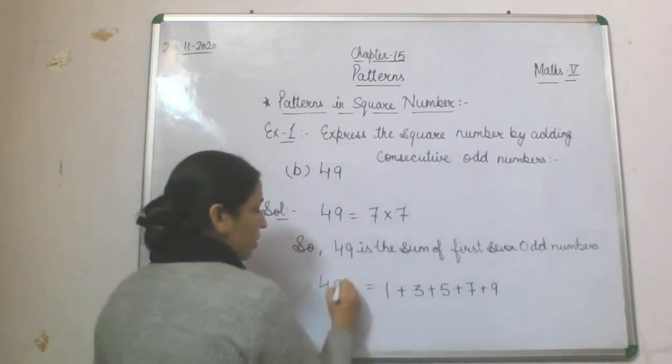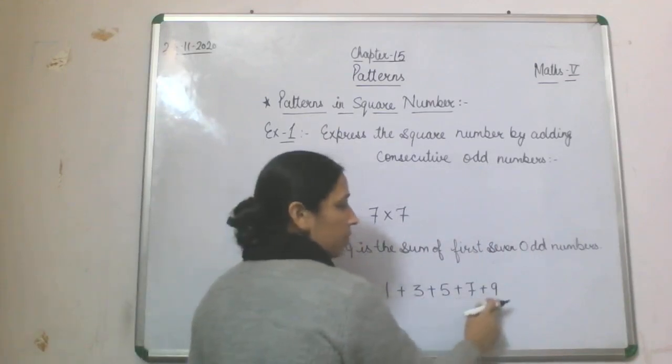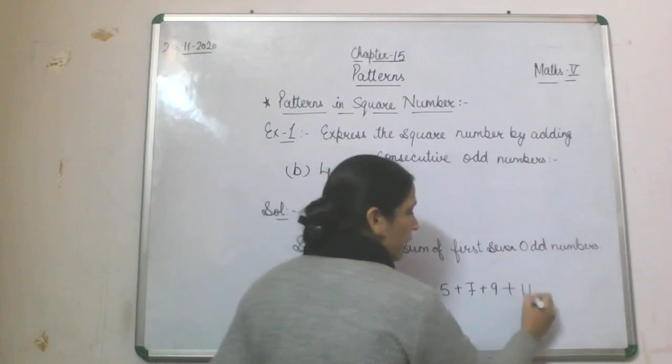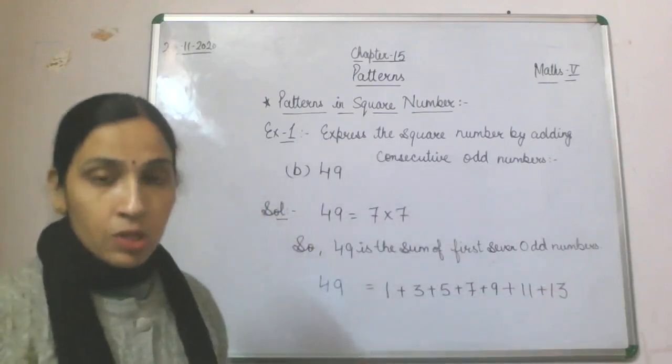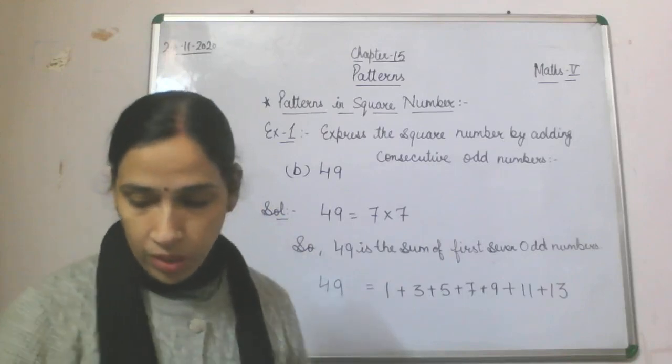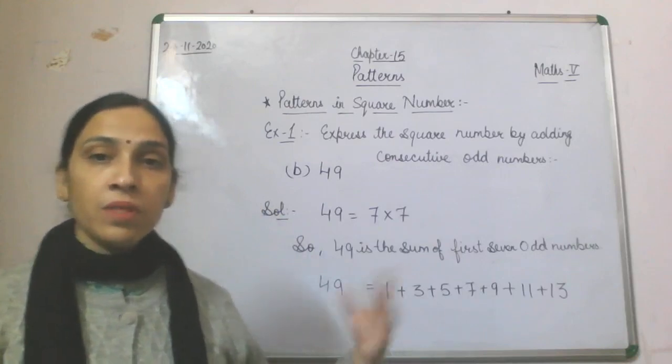Now we'll write here 49 is equal to 1 plus 3 plus 5 plus 7 plus 9 plus 11 plus 13. So that will become the sum of consecutive odd numbers, meaning which are coming one after the other.